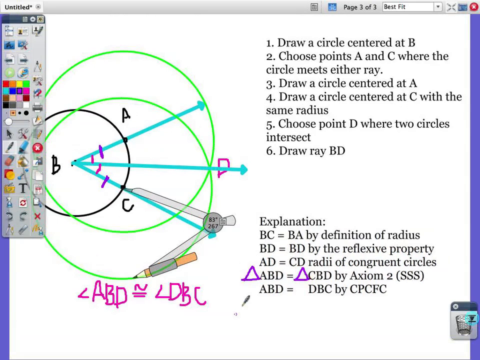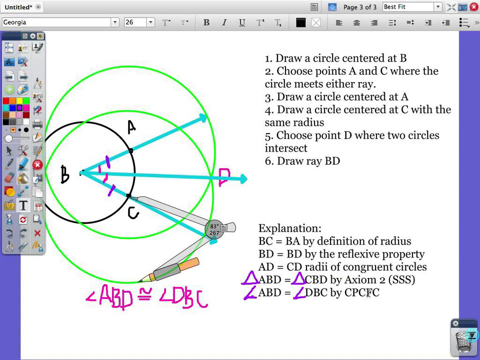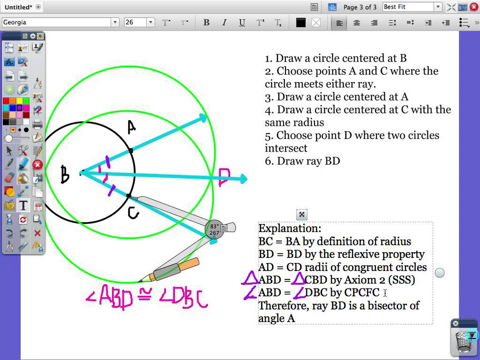CPCFC. I told you it had 3 C's. All right? Therefore, ray BD is a bisector of angle ABC.